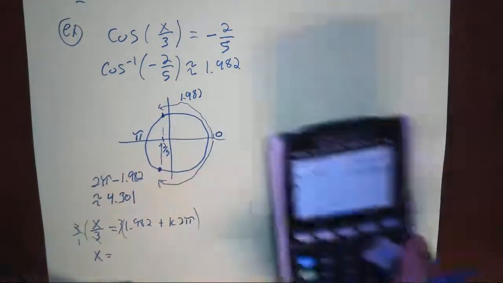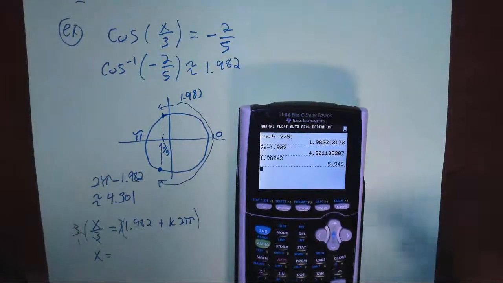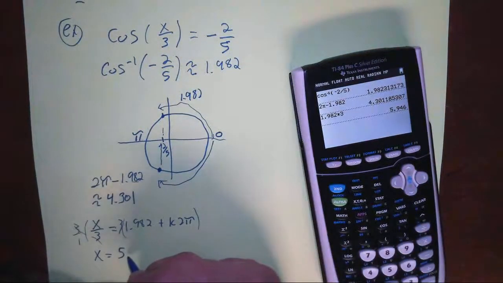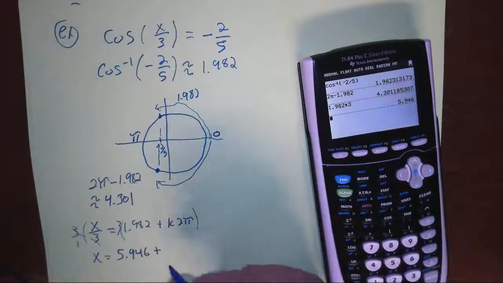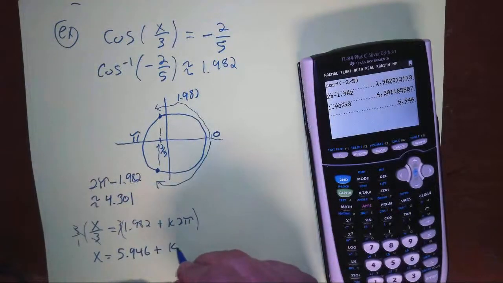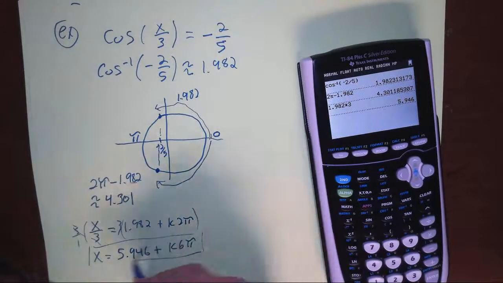So I take 1.982 times 3, I get 5.946, plus, distributing the 3, k times 6 pi. So that would be one of the solutions.